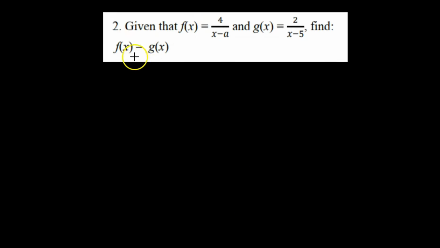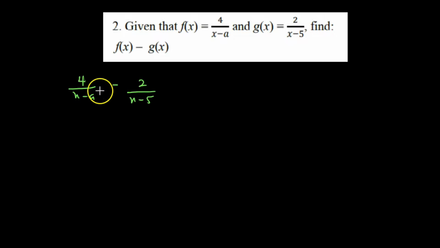Going further, we have this time around subtraction between two functions. So for subtraction between two functions, we have f of x as 4 on x minus a, and then we have minus g of x, which is 2 divided by x minus 5.